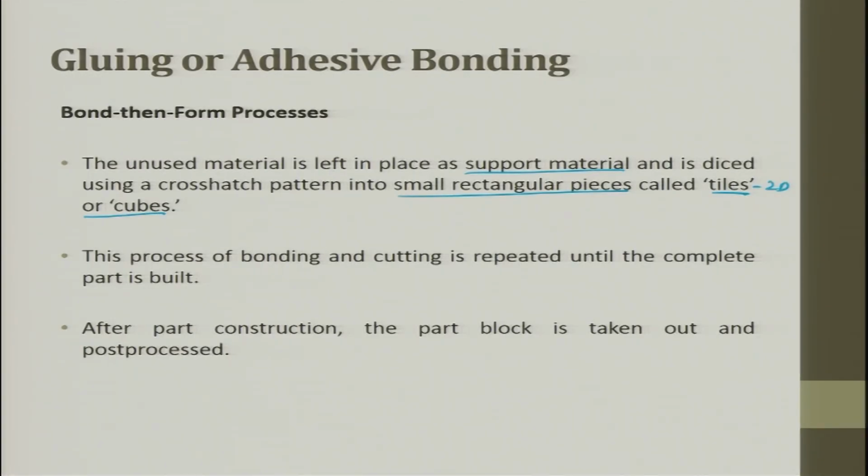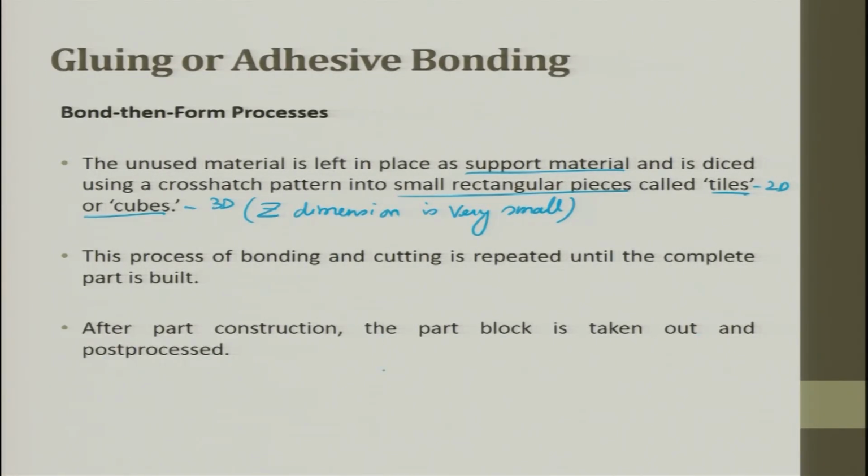Tile is 2D, cube is 3D, and here the Z dimension is very small. This process of bonding and cutting is repeated until the complete part is built. After part construction is over, the part block is taken out for post process.